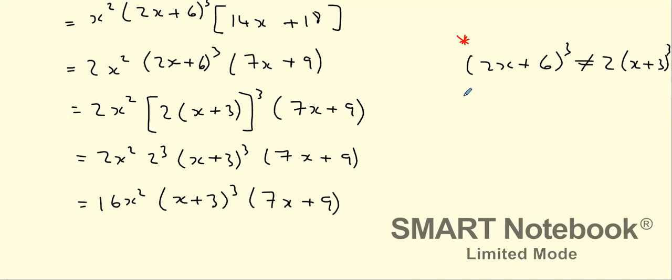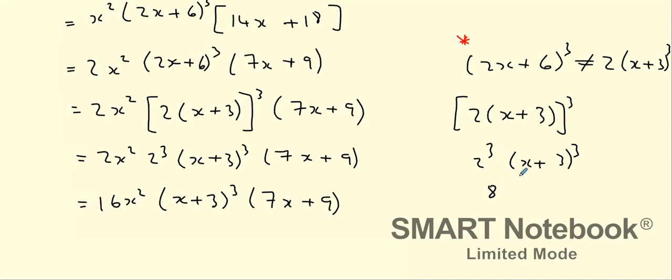And that's why we're factorizing 2 out inside, oops, not 6. Factorizing 2 out of the whole thing inside square brackets, and then saying everything inside the square brackets is to the power of 3. Okay, and so we get 8(x + 3) cubed. And then if I do 8 times by 2, I get 16. Okay, so that was amazing, very good.